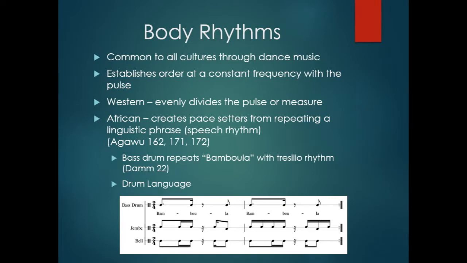So the bass drum would be repeating this, and there's a crossover with African music because drums have the ability to speak language and emulate language. So the execution of this rhythm is based on language and not so much an even division.